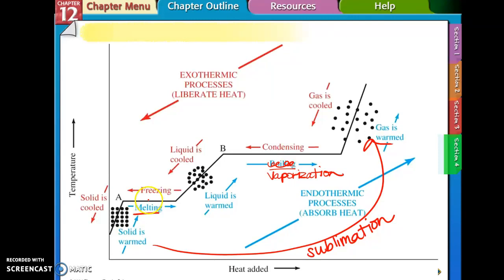To go from a gas to a liquid, that would be called condensing. To go from a liquid to a solid, that would be called freezing. And to go from a gas to a solid, that would be called deposition.